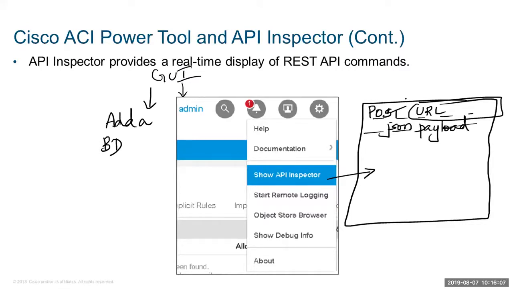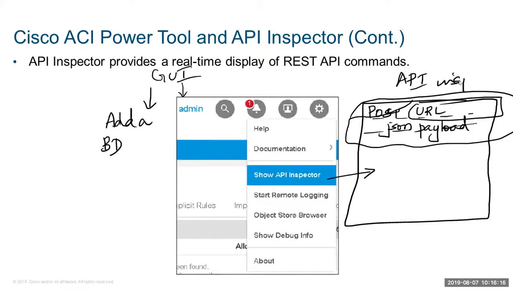Okay, what you can do is capture all of this, copy it out of the API Inspector. To make life easier for you, when you switch to programming, you can put all of this into a Python script later. A little bit changes in Python, but you can automate it. So essentially, that's what it gives you, a real-time display.